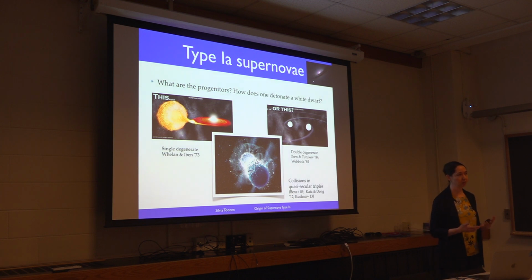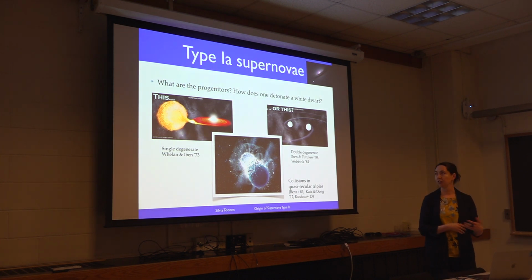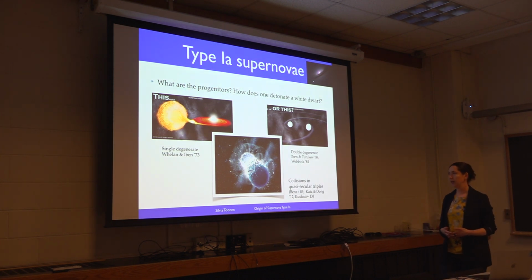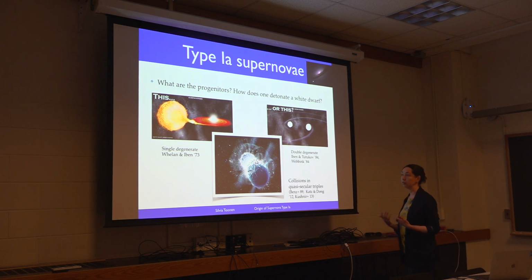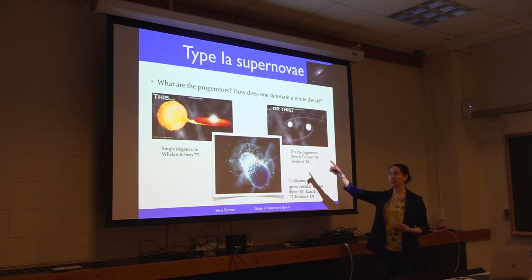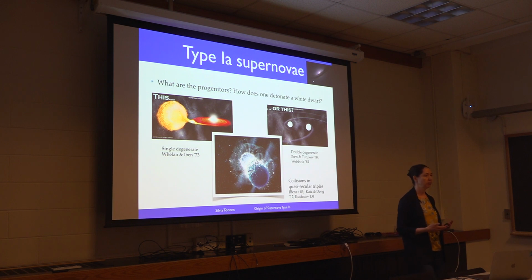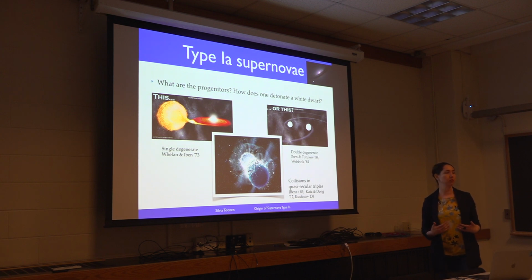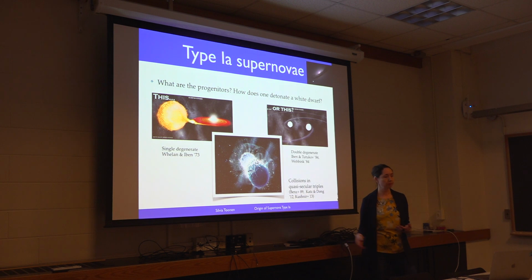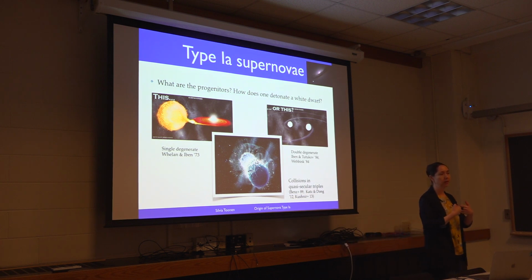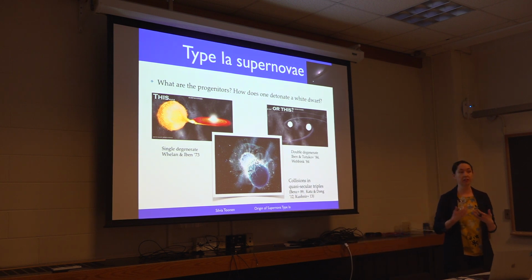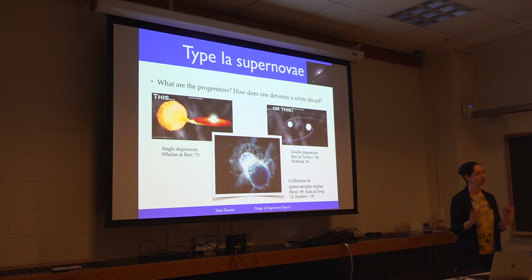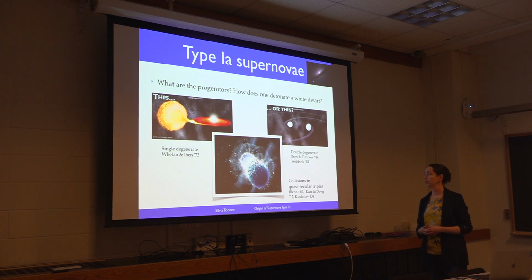I just want to mention that white dwarf collisions have one very nice aspect, and that is the detonation mechanism. In these other channels, the detonation mechanism is not very well understood. We cannot resolve it, which means that we have to introduce free parameters to model it. In this scenario, it's the collision itself that brings the detonation, which is just very elegant and cleaner in a way.